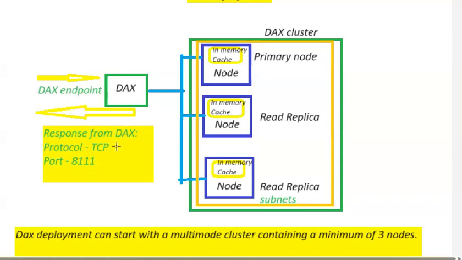It needs to allow this port number and this protocol. So in the inbound rules of your EC2 instance's security group, you must provide these two: allow this port number and this protocol. Then only you can access this response. So that's why you need to remember the DAX protocol, which is TCP, and the port number, which is 8111.